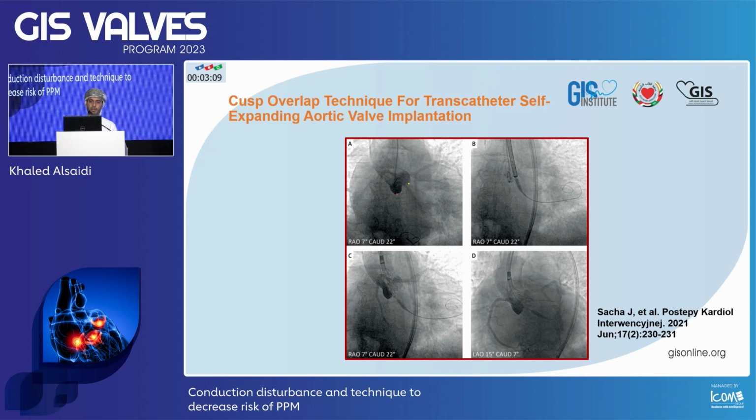You might need to add some LAO to get rid of the parallax, but here you see the things that you are not seeing in the cusp overlap view. Namely, you want to see the proper depth in the LCC because you want to make sure it's not supra-annular in that side. So that's one.